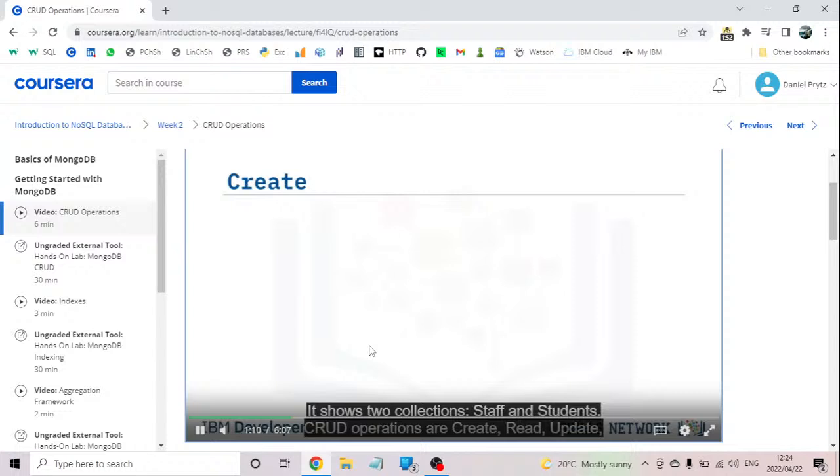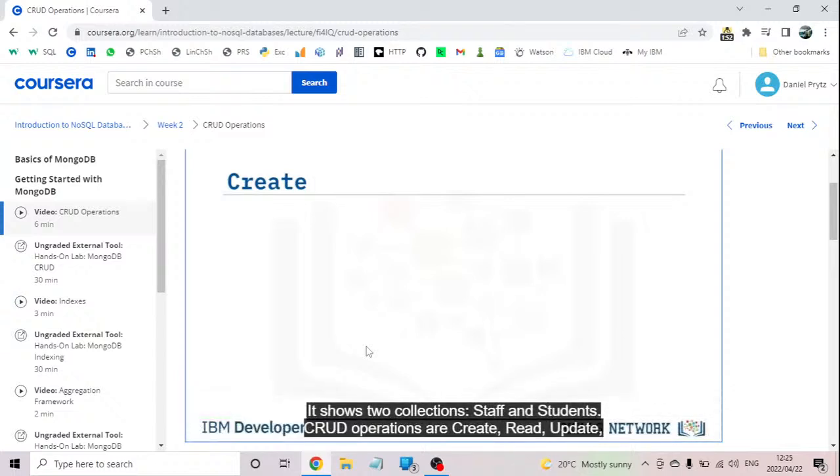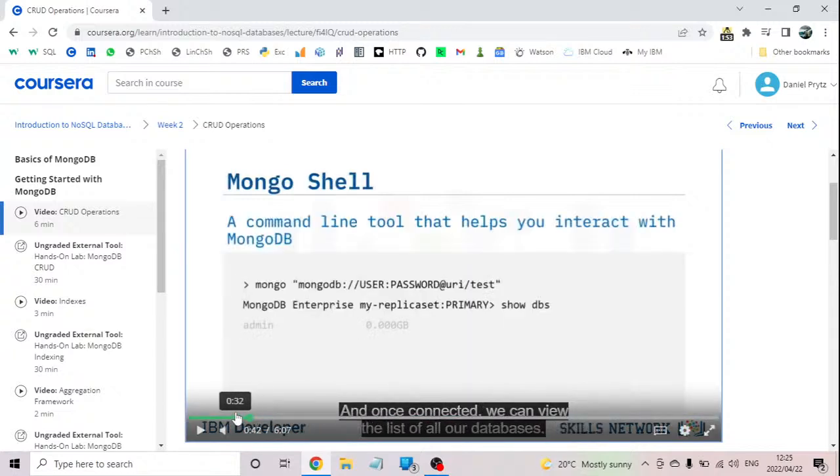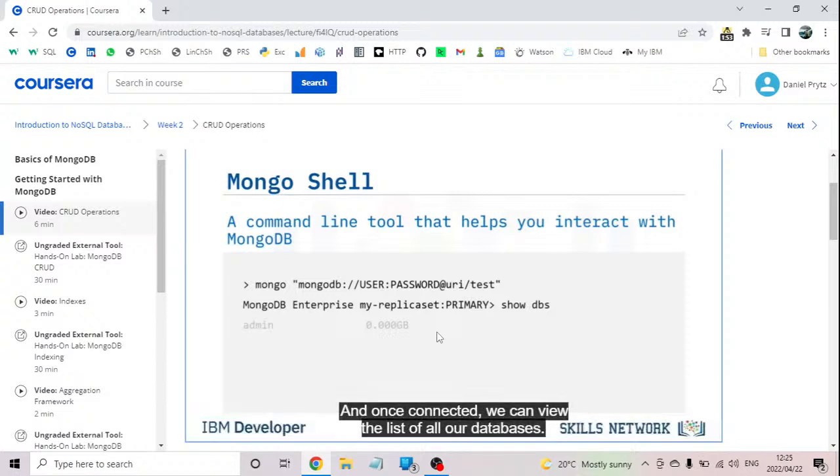Now we want to create, right? Oh, connect to a database. So question 1. Wait, hang on, let's go back. We need to connect. So we connect by going mongo, and then MongoDB.